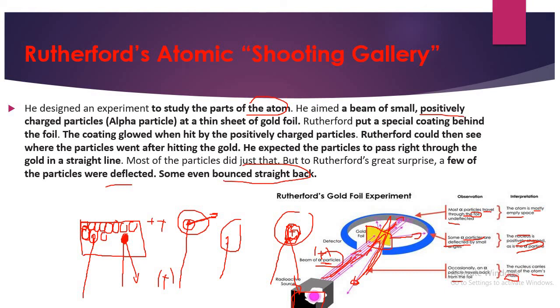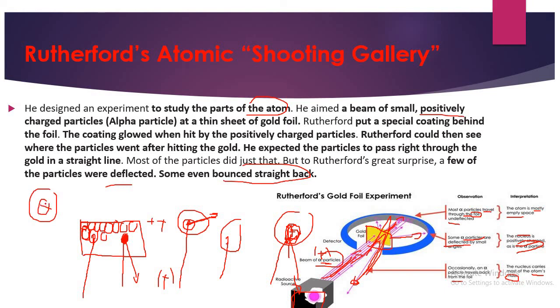When the alpha particles hit the nucleus, they travel backward. While if the alpha particle hits the positive charge inside the nucleus, it will deflect. So let's imagine this is an atom containing a nucleus.